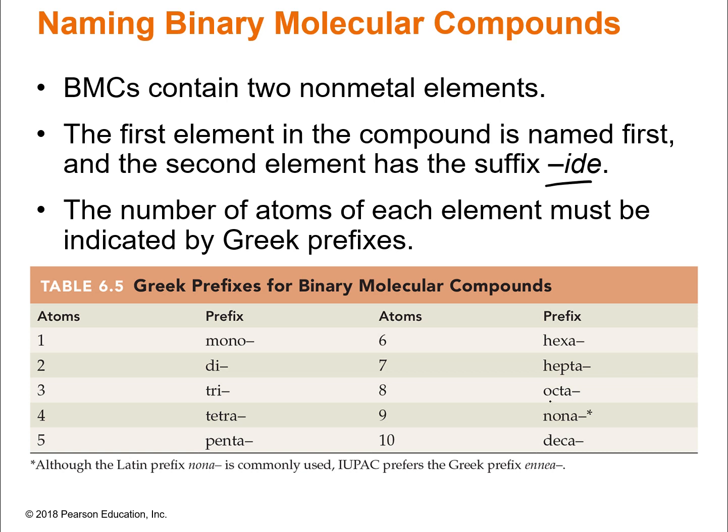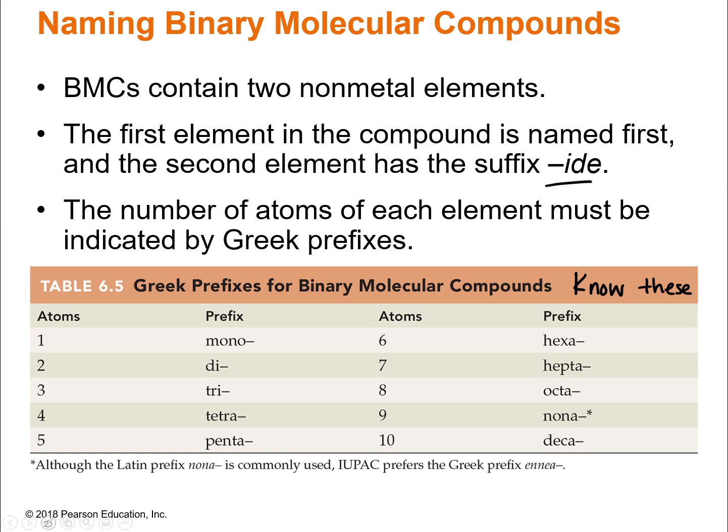To talk about the number of atoms of each element, you use the Greek prefixes in this chart. You will need to know these. I'm not going to give you this chart. You've encountered most of these already. So make sure that you know them.